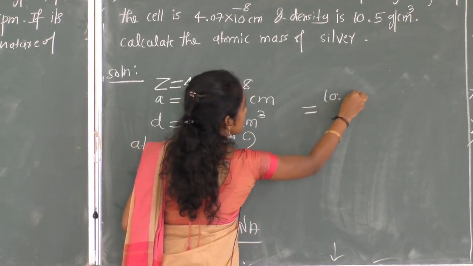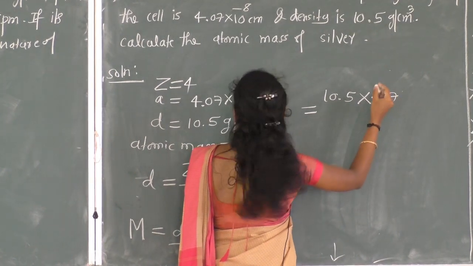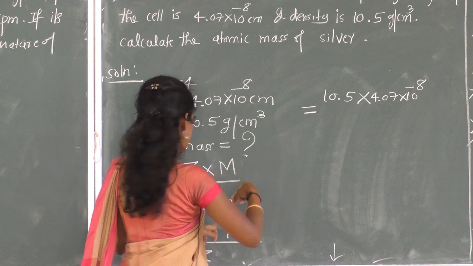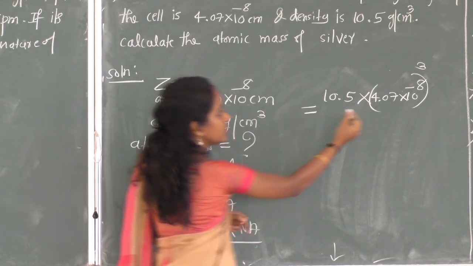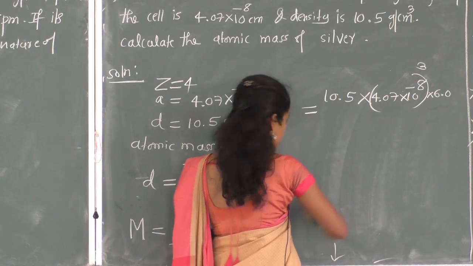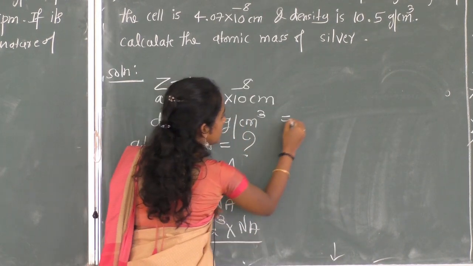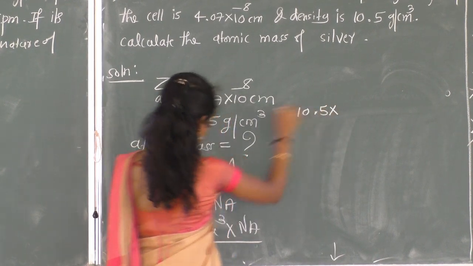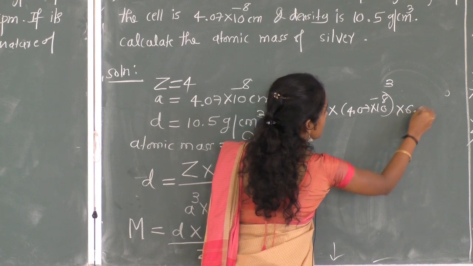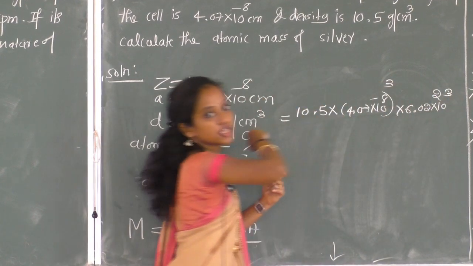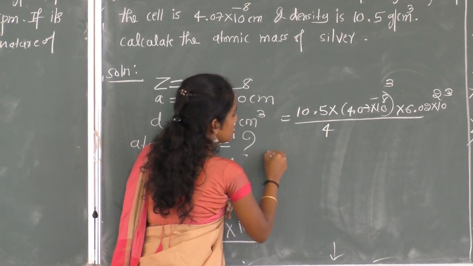It is 10.5 into, what is the value of a, edge length? 4.07 into 10 to the power minus 8 cube, multiplied by Ne, Avogadro's number, that is, what is the value? 6.023 into 10 to the power 23 divided by Z. What is the value of Z? It is 4. So do the calculation here.